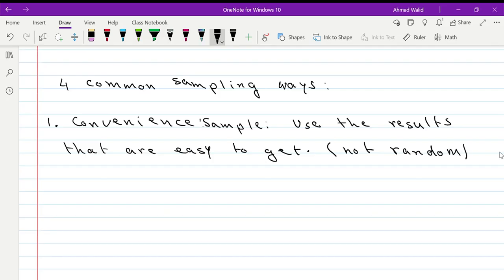Correct? Number two, the second way of sampling: systematic. Systematic sampling or systematic sample.